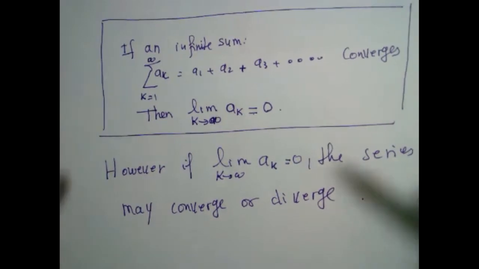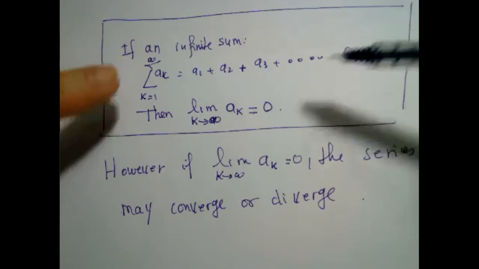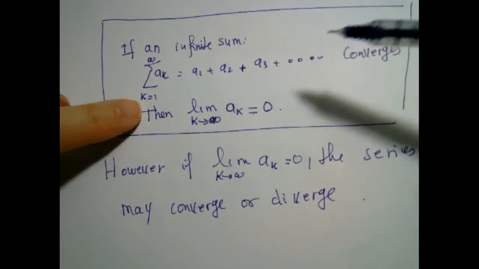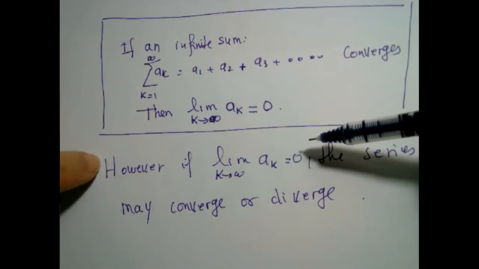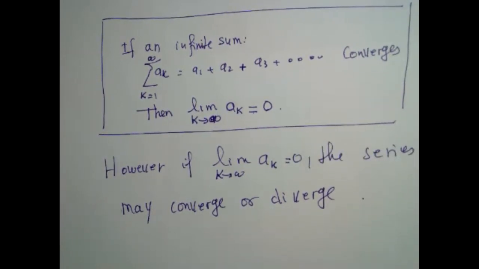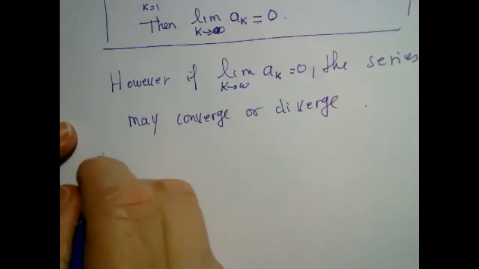It means that if you know that the series converges, immediately you can say that the terms have to become very, very small. However, if the terms become very small, the series may or may not converge. So we cannot deduce anything. So let us see an example.